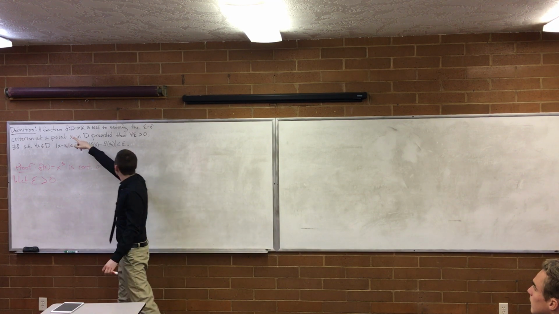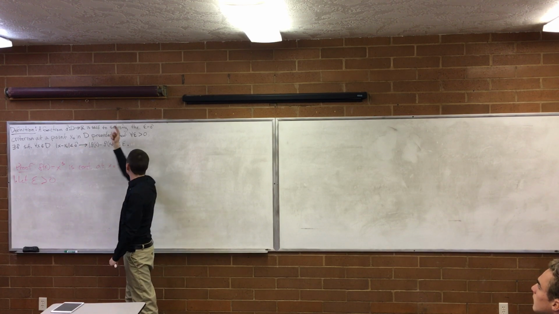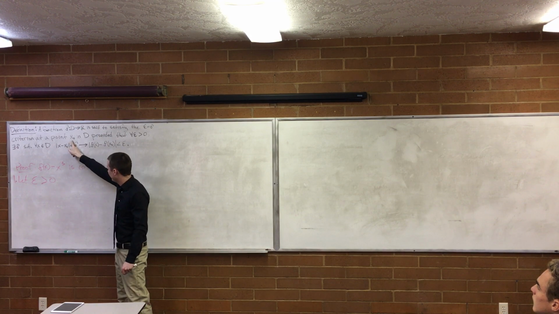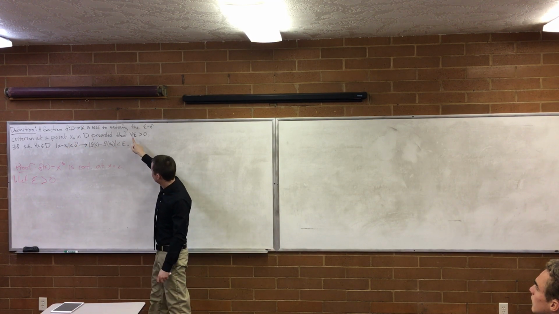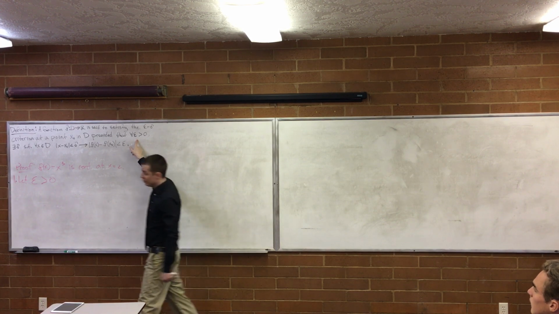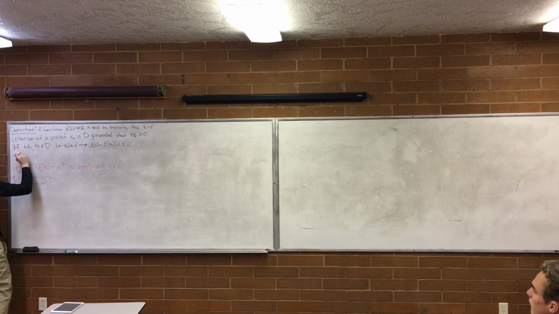It says if we have some real valued function, then it's continuous, or it satisfies the epsilon delta criterion, at some point x naught, provided that for any positive number epsilon you pick, there is some positive delta, some delta greater than 0. They're both positive numbers because they're both distances.